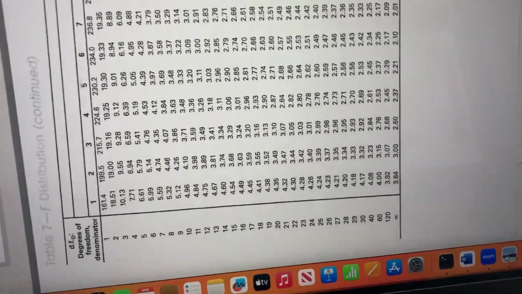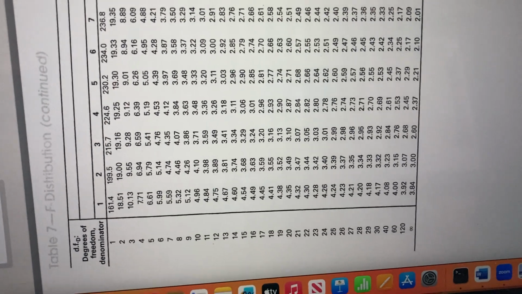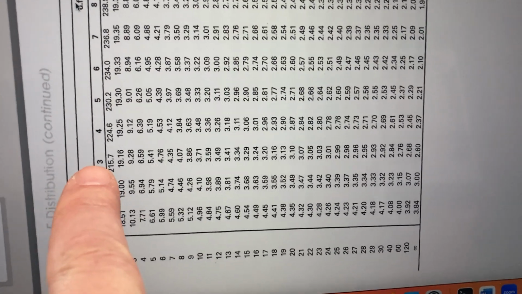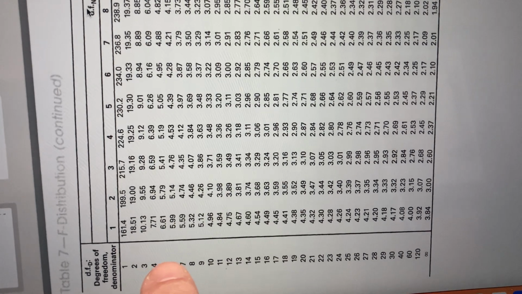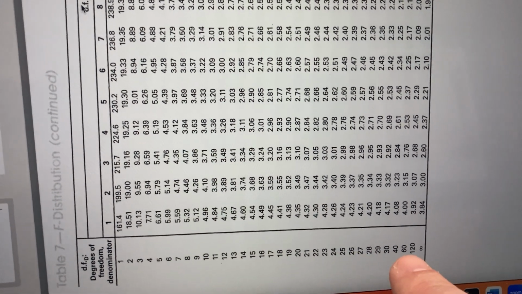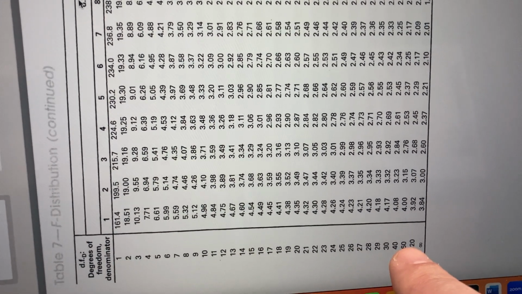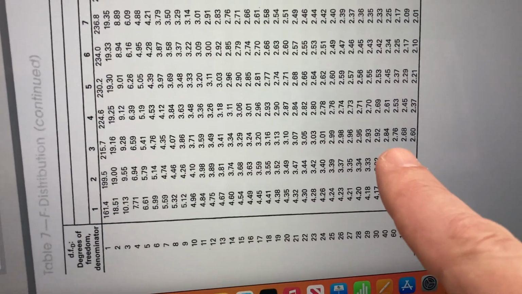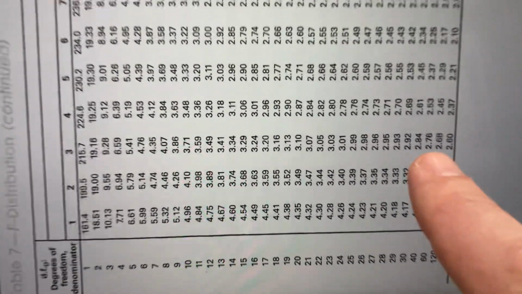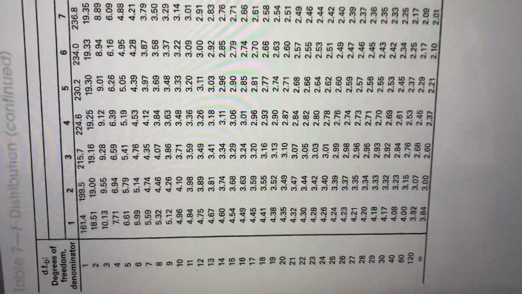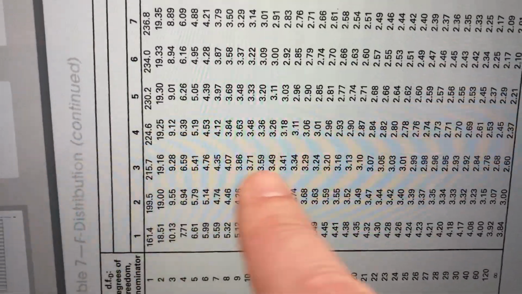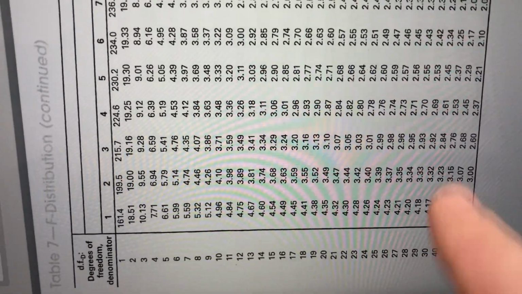And so I've grabbed the 0.05 table. The degrees of freedom for the numerator are 3. The degrees of freedom for the denominator are just slightly more than 60. So our critical value is the 2.76. Okay, so you're taking the two sets of degrees of freedom and you're finding where they match.